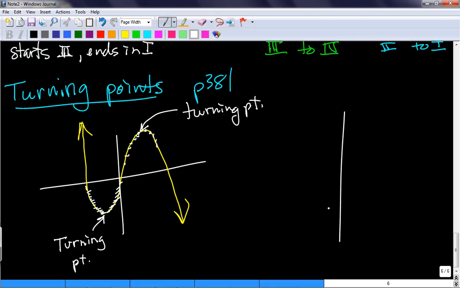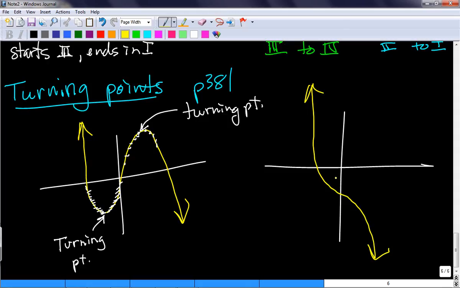Look at this other example here, though. This one right here doesn't have any turning points, actually. You've got 0 turning points because it is actually decreasing. It doesn't actually turn around to go up, ever. See that? It's decreasing everywhere, so there's no turning points here.